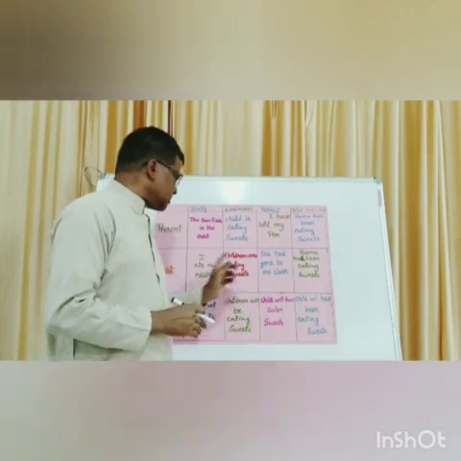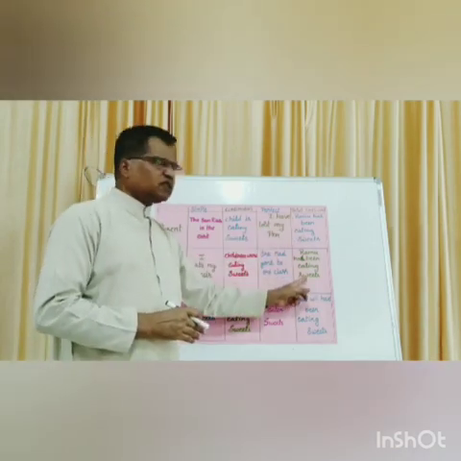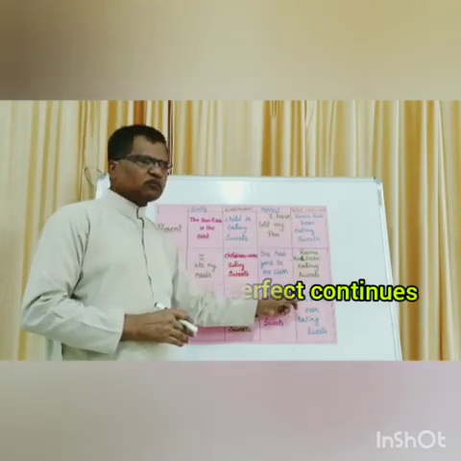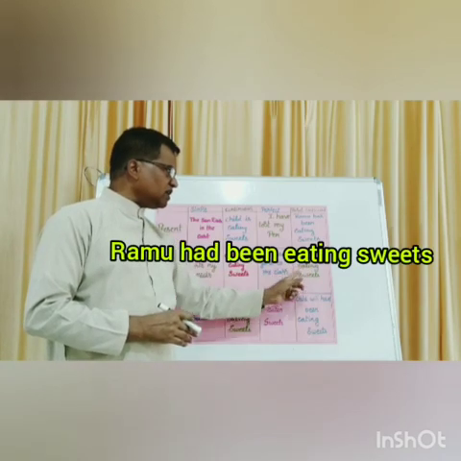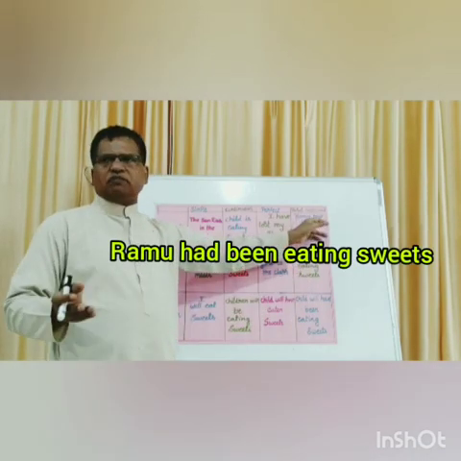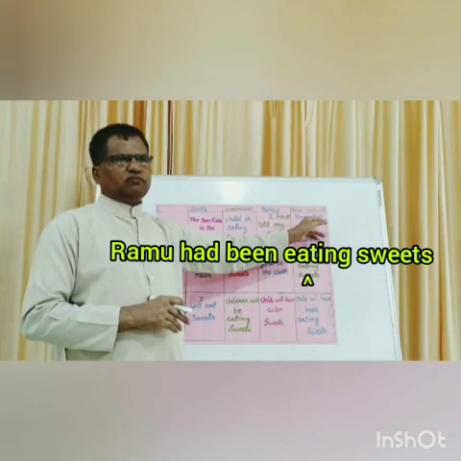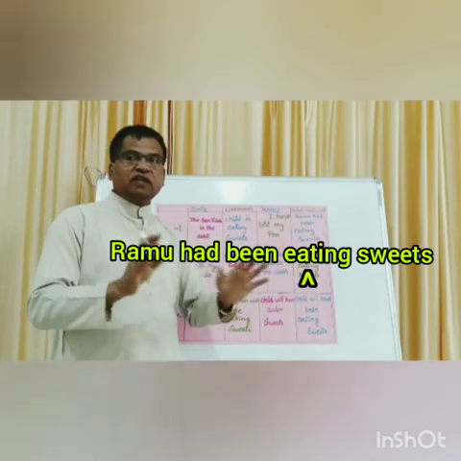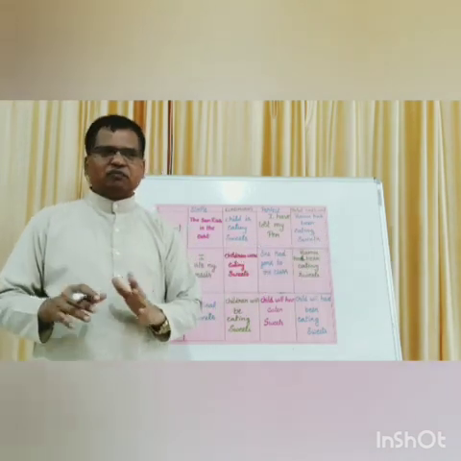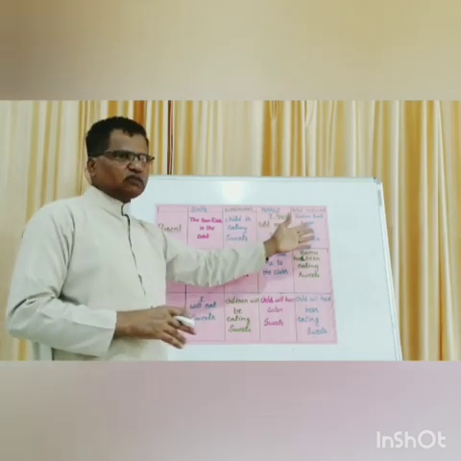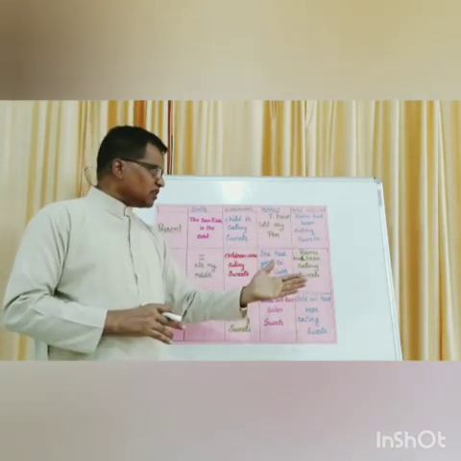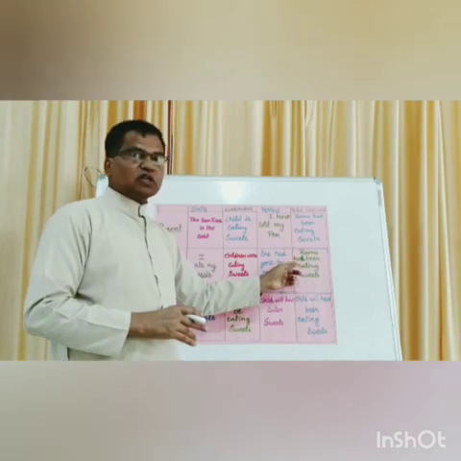Now the next column is past perfect continuous. Ramu had been eating sweets. Because it's continuous, you know already the main verb will be in the ing form. Been will be added, because it's a perfect continuous. Then had, because it's perfect.